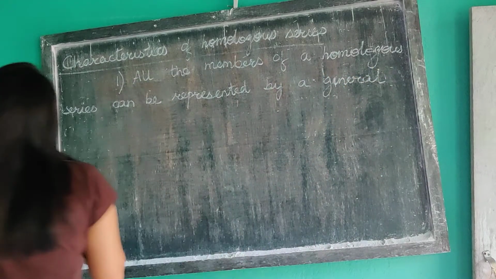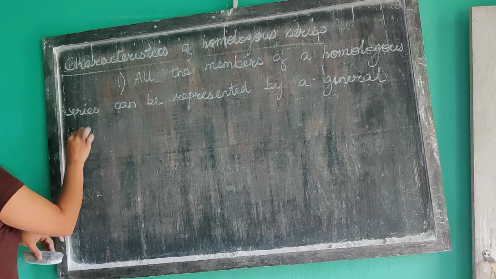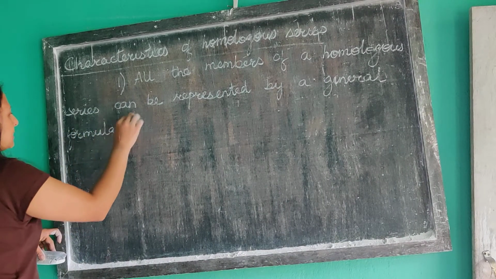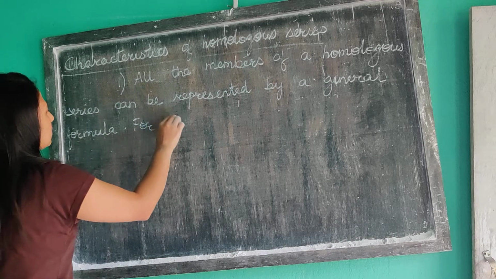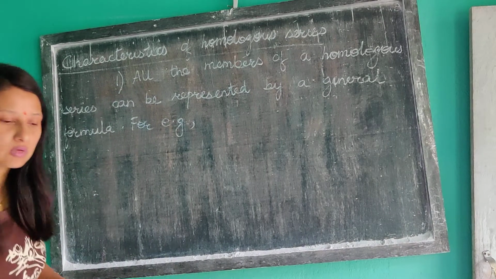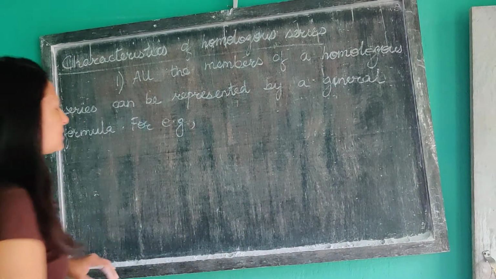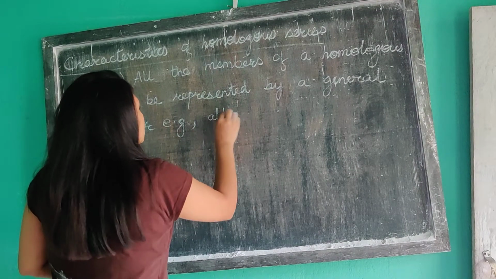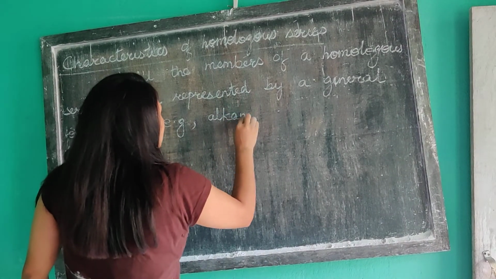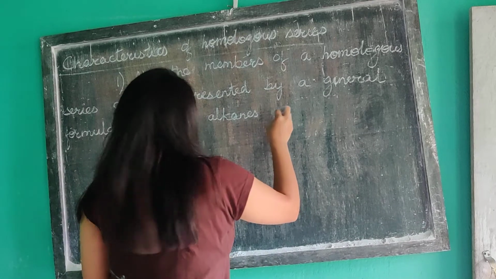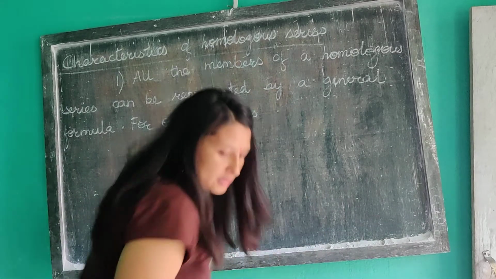For example, there is a homologous series called alkanes.